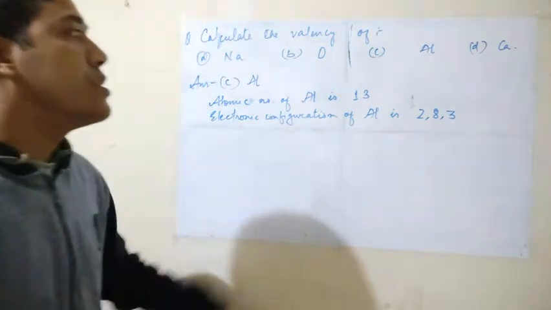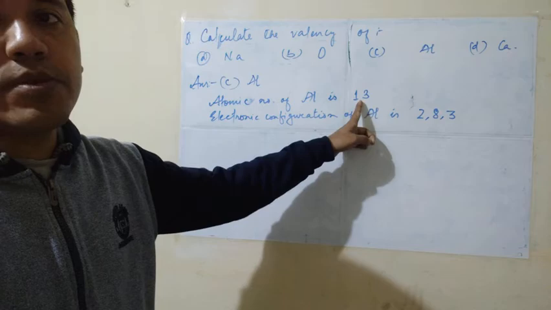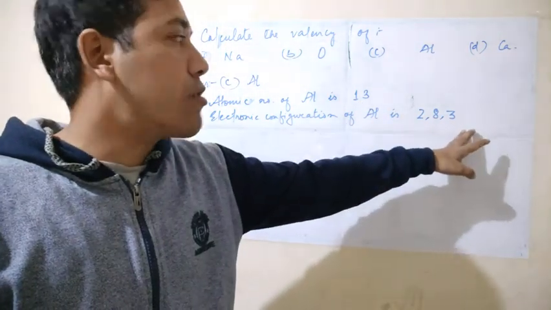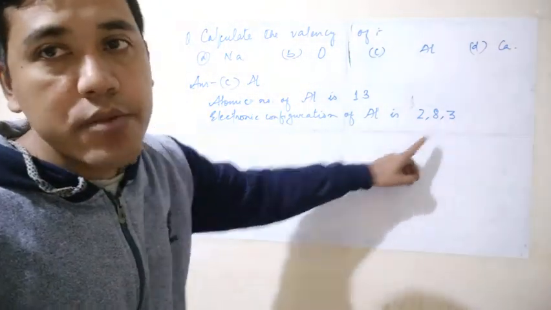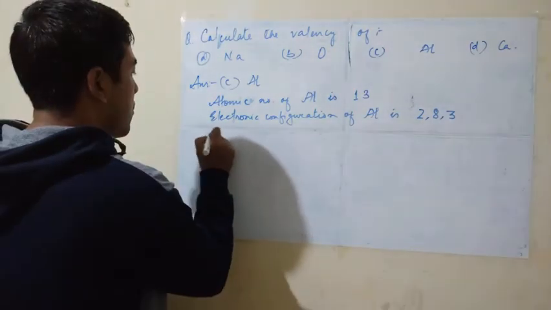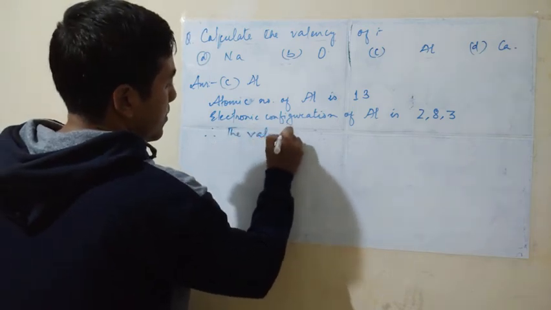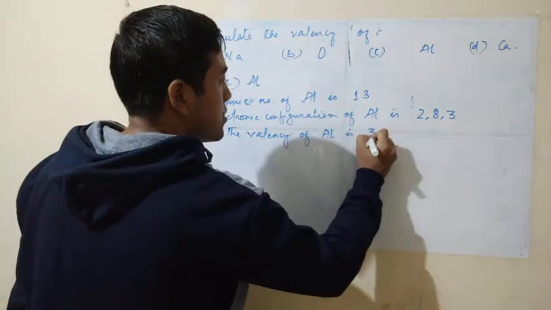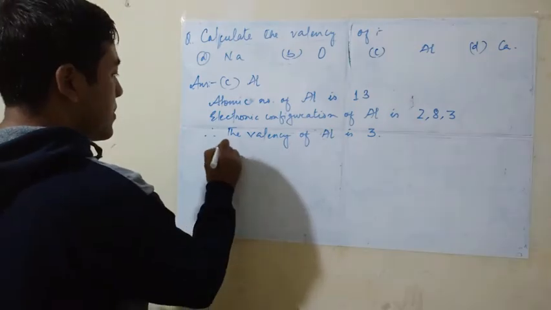Why? This aluminium, 13 atomic number, is distributed into the 3 cells: 2, 8 and 3. Right, the outermost is what? 3. Okay, now this 3 is less than 8, then we will go directly for valency. Therefore, the valency of aluminium is 3.